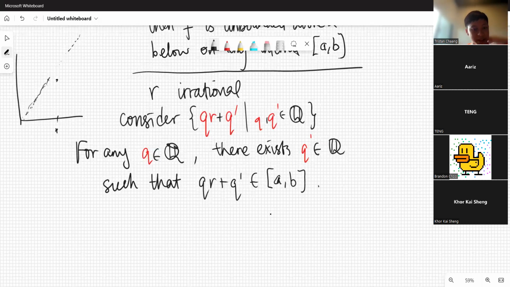This is obvious from density. And I claim that if I take this image, so the function of qr plus q prime, I will get something very bizarre.